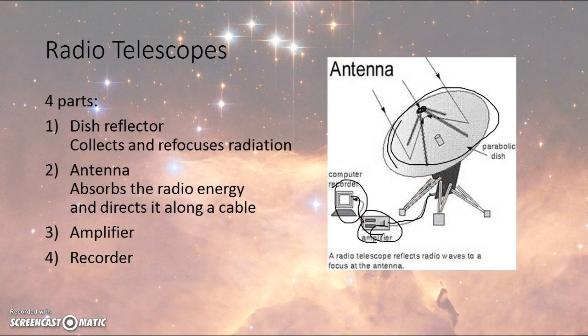Well, why do we need radio telescopes? Why do we need those? Well, the majority of the light that comes in, we already talked about, is only going to be visible light. The majority of the energy that comes through is visible light and the lower end of the IR radiation.